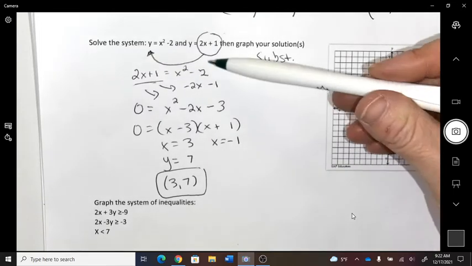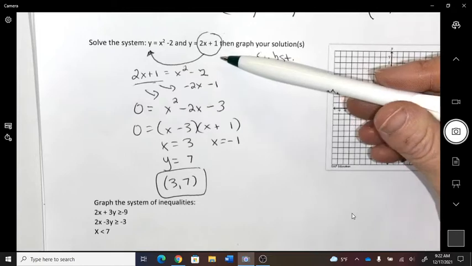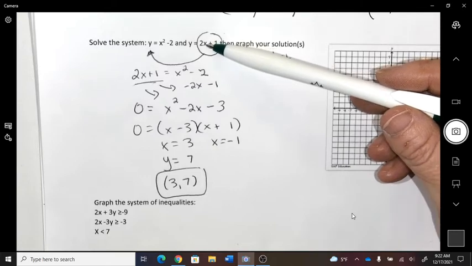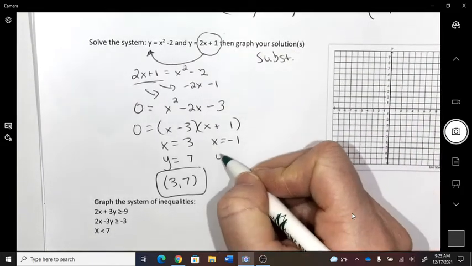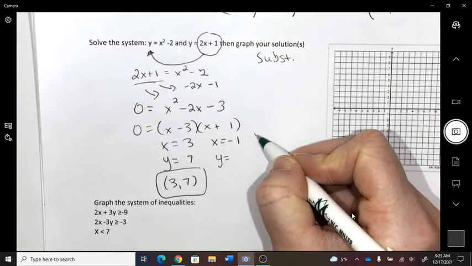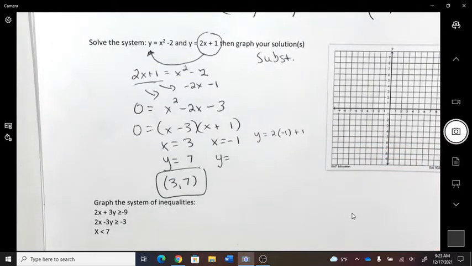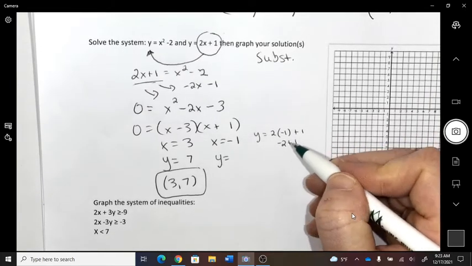And then plug in a negative 1. Y equals 2 times negative 1 plus 1. So negative 2 plus 1.